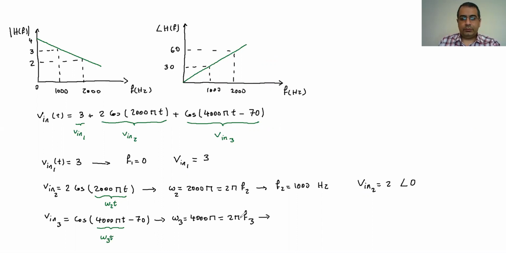If you cancel out the pi, f3 comes out as 2000 hertz. And if I write the voltage in phasor format, the amplitude is 1 and the angle is negative 70.